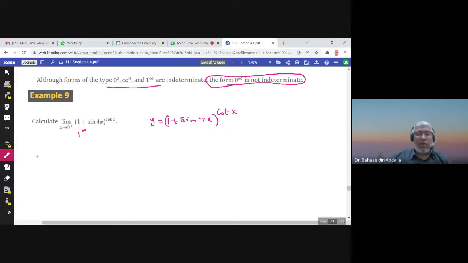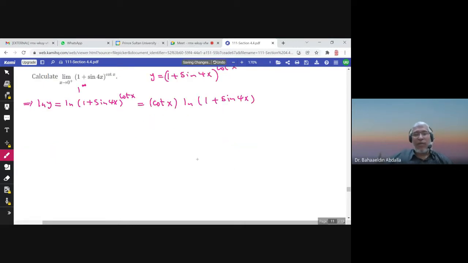And then we apply ln to both sides. Using the properties of the logarithmic functions, I can bring cotan x here in front of the ln.